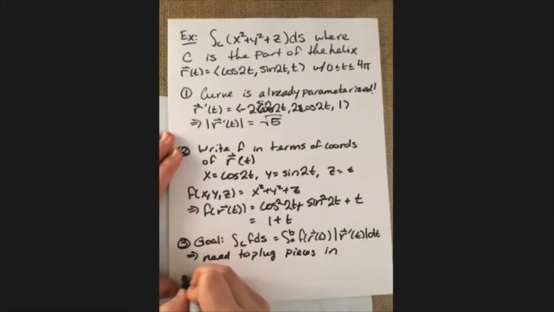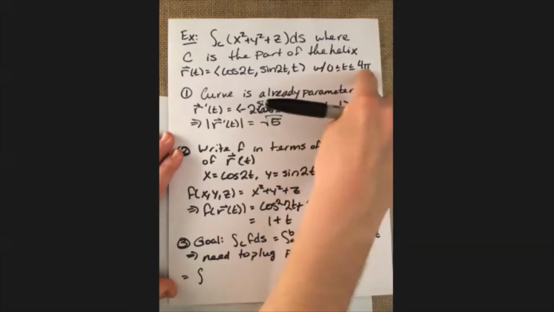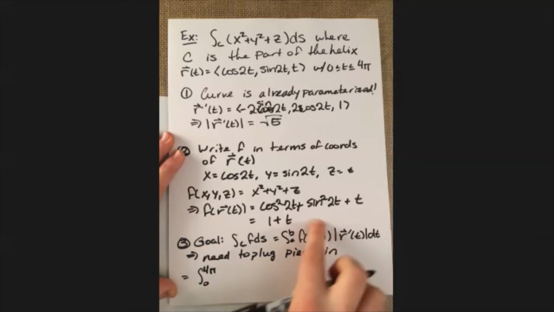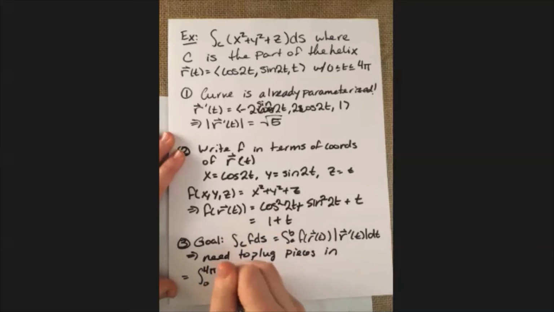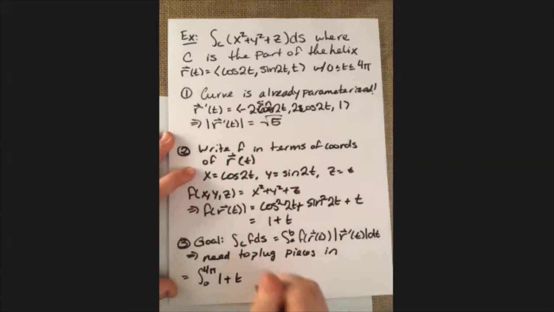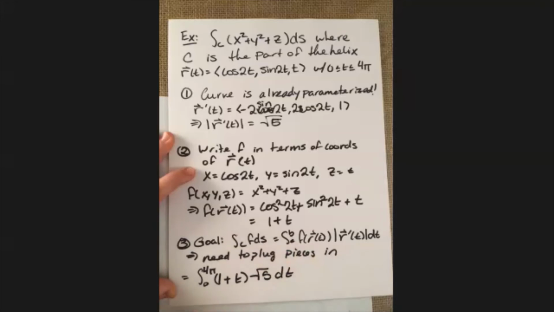So in this case, we get the integral from 0 to 4 pi, and this piece becomes the 1 plus t, and this piece is just the root 5, dt. And now at this point, you just integrate as normal.